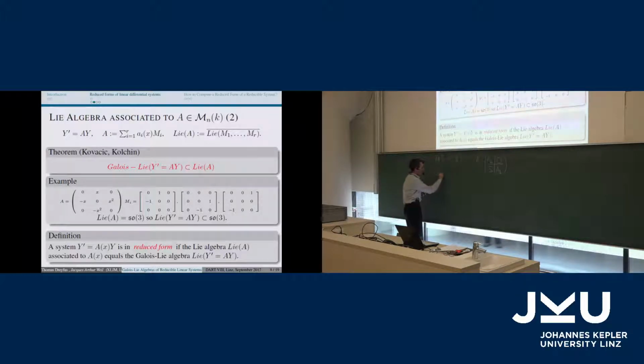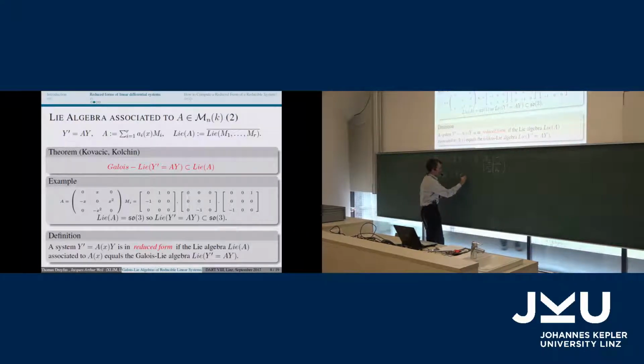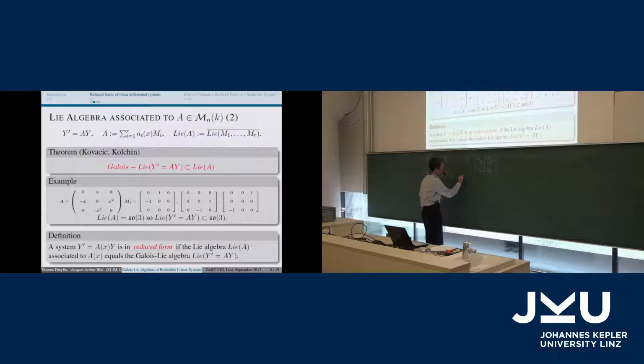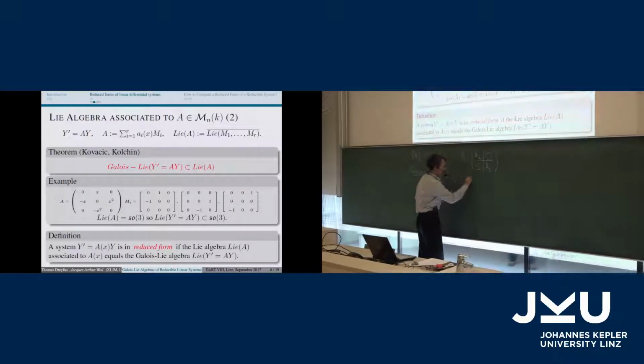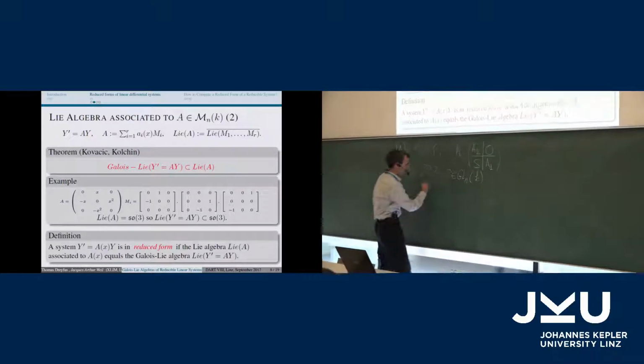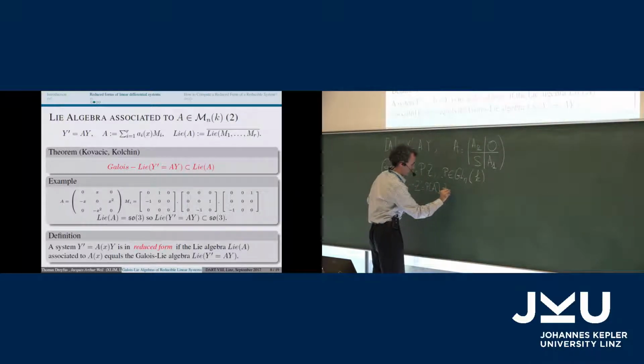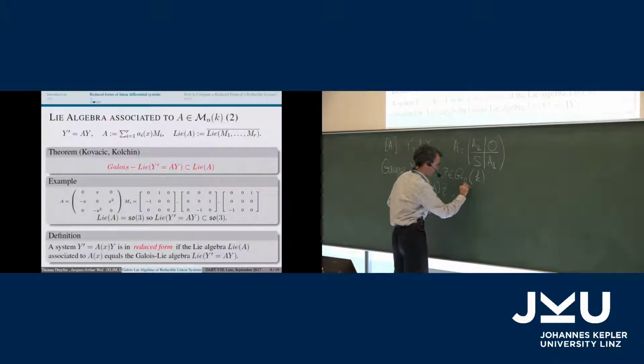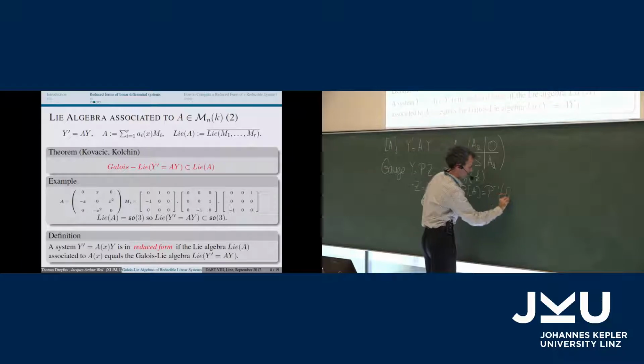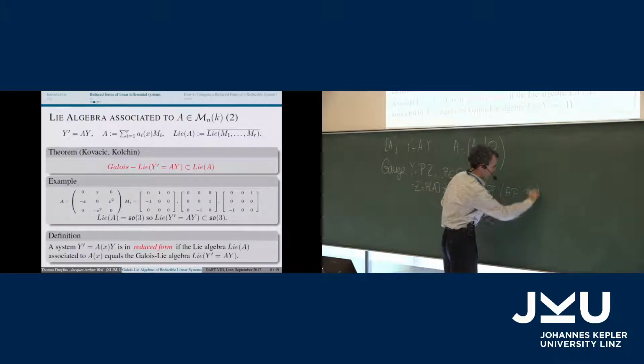Gauge transformations are transformations of the form y equals P times z, with P in GL_n(K), and then we have z prime equals some matrix P[A] z, with P[A] equal to P^{-1} A P minus P^{-1} P prime.